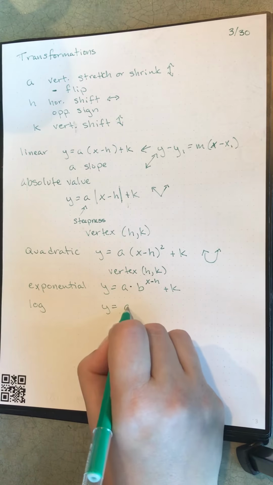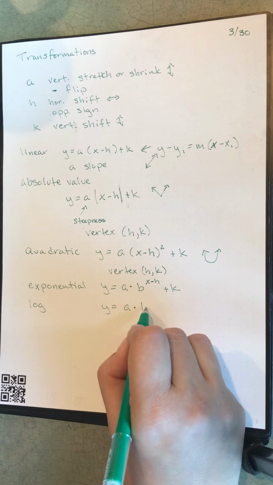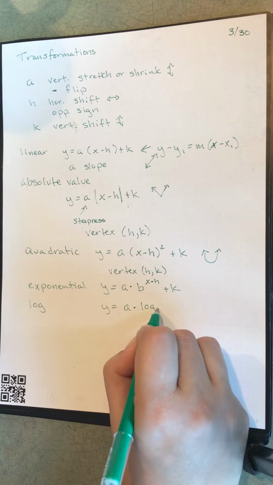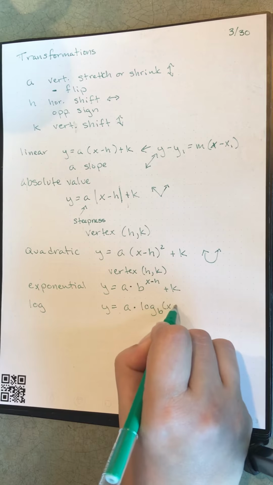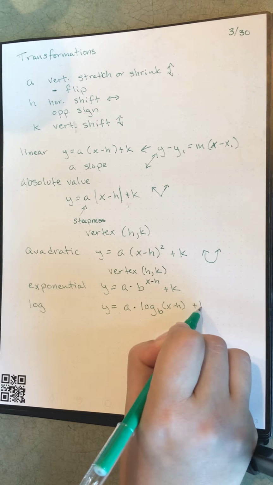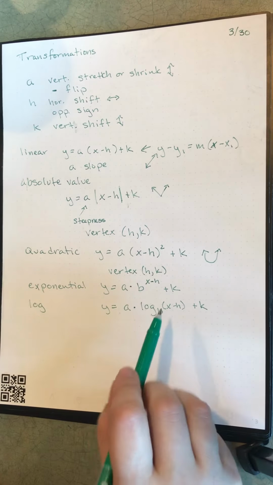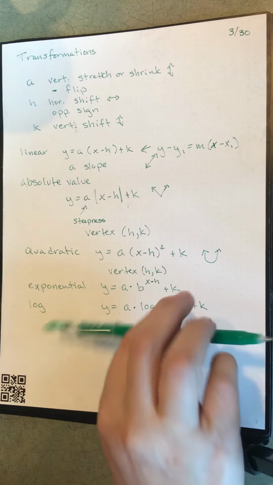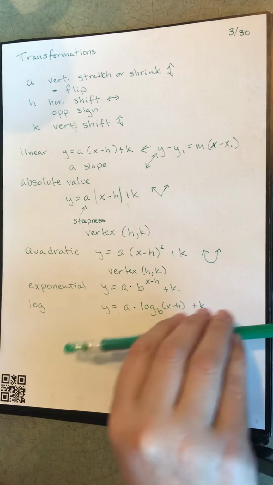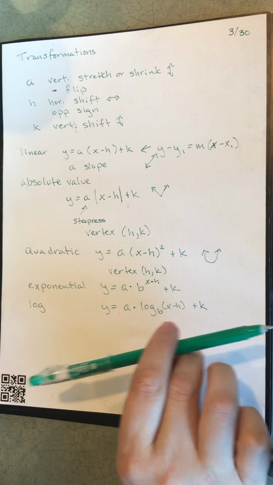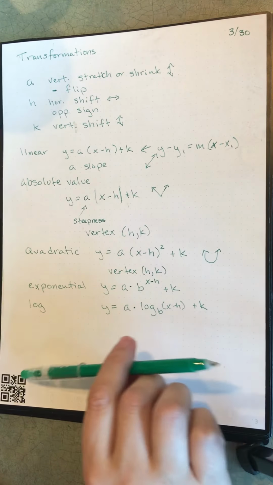Y equals A times log base B of X minus H plus K. So our H and K are going to shift things around for both of these. They're going to just shift those points.